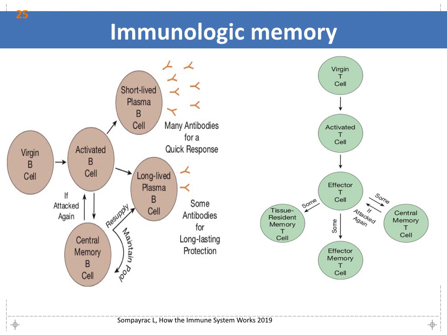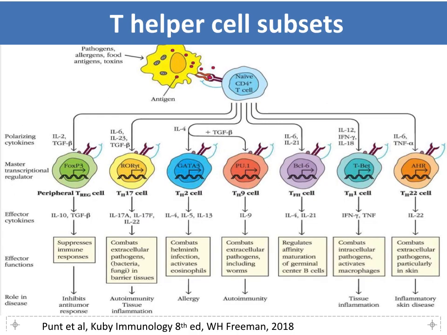Now, we said that as a result of T cell activation, you have the formation of effector T cells. So, what are the effects of these effector T cells? They produce a variety of cytokines with different functions. And depending on the type of cytokine that they produce and the type of function that they exert, helper T cells, for example, or CD4 positive T cells, can be divided into several subsets.